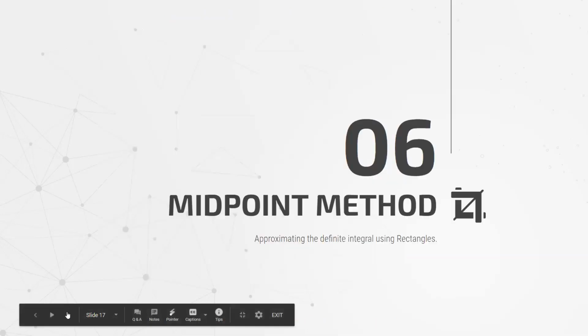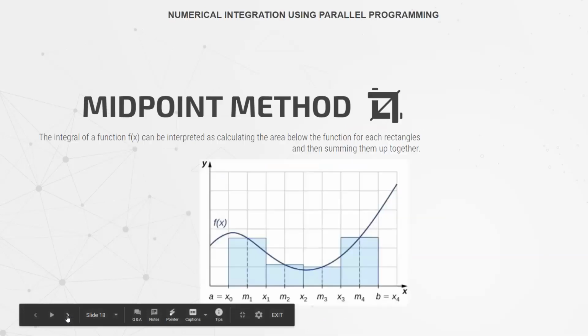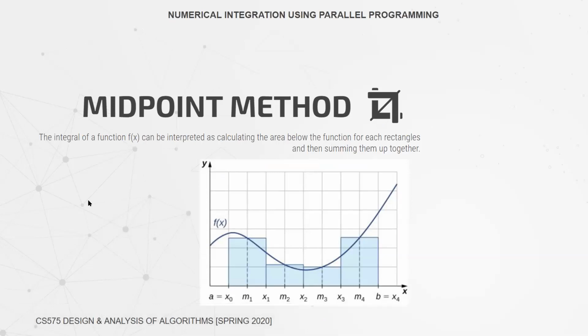The next method is the midpoint method, and the midpoint method is the most accurate of the quadrature methods used to calculate the integration. In this method, the blocks are created, and the block's midpoint is used as the point on the integration.